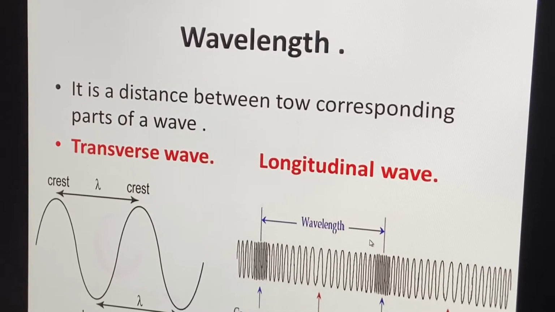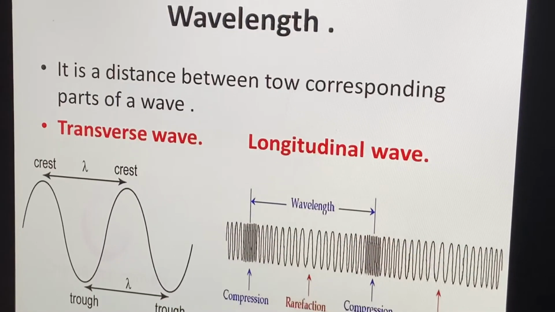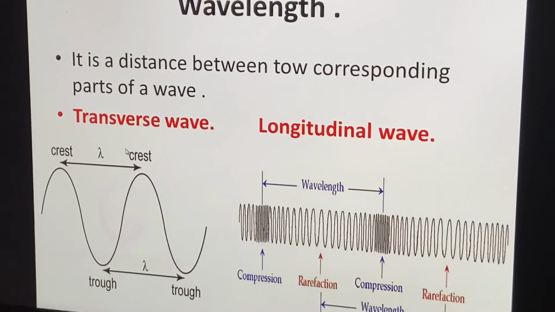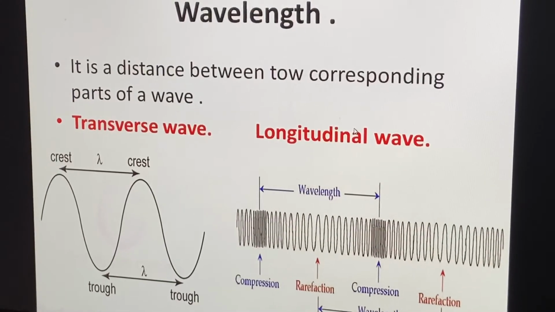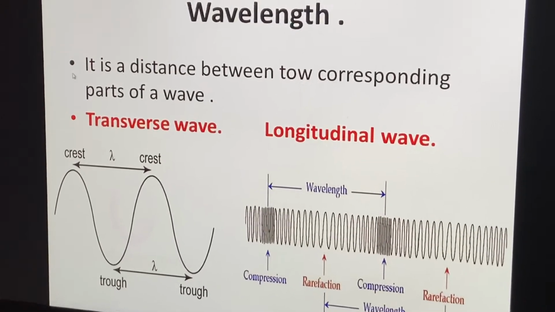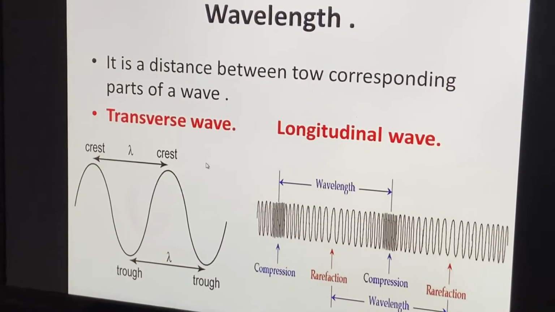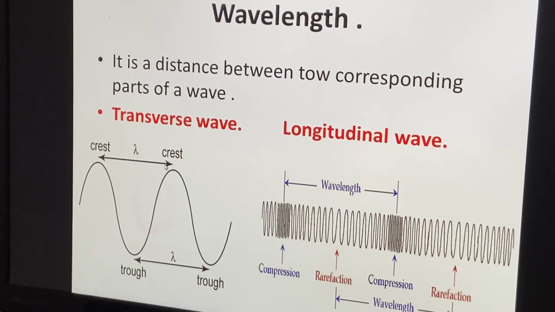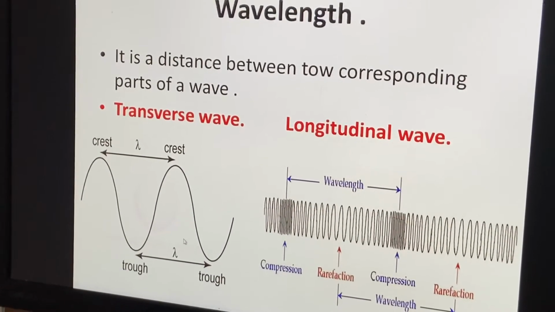The second one will be the wavelength. Wavelength is the distance between two corresponding parts of a wave. If you were talking about the wavelength of a transverse wave, it will be from crest to crest, or from trough to trough.